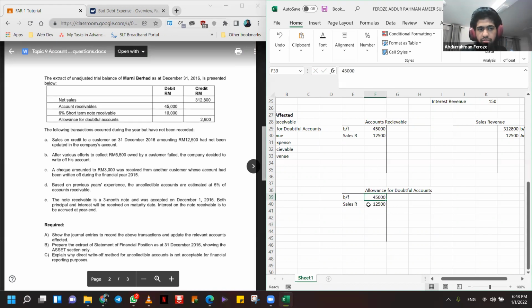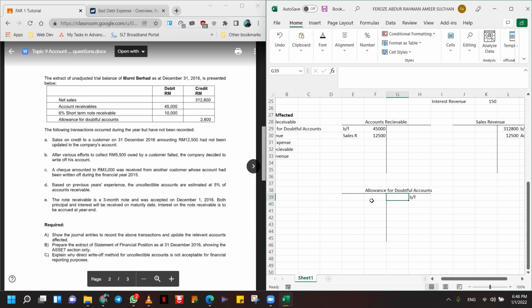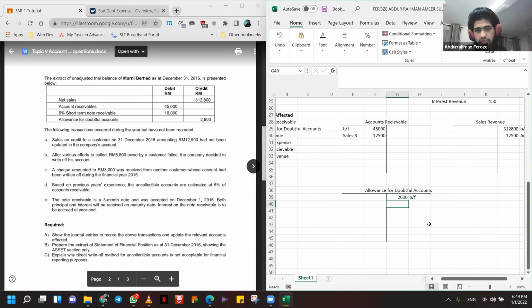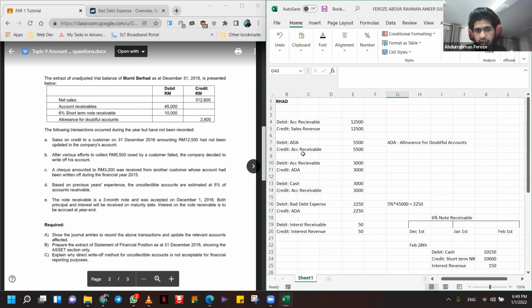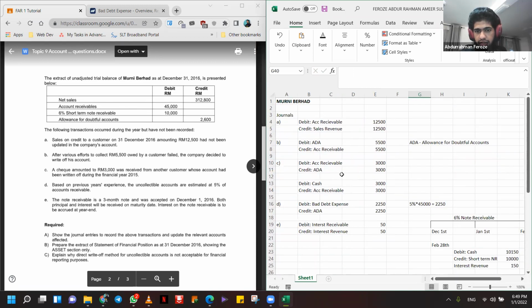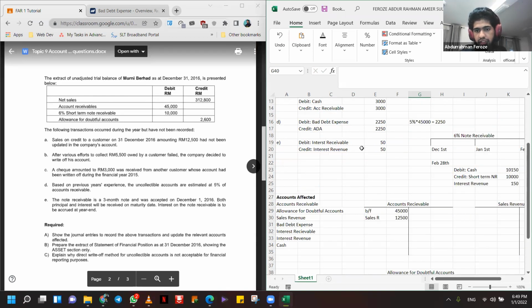What is the brought forward value for allowance for doubtful accounts? It's 2,600, right? The brought forward value means whatever is in the unadjusted trial balance. So brought forward value is 2,600. Now if we are accounting for the part B transaction, debit ADA 5,500, credit account receivable.